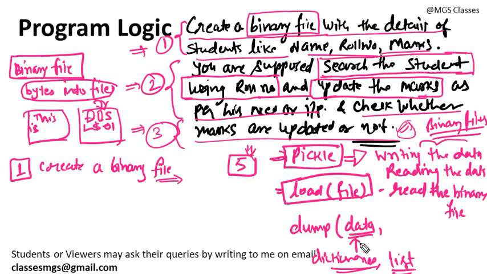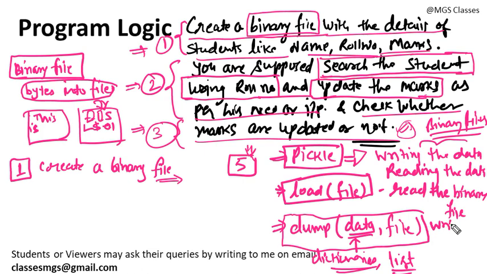Today we are going to directly insert the dictionary into the file with dump, and we will pass the file handler here. The file handler will be the regular file handler we get using the open method. So you need to remember two methods: the pickle module has the load method and the dump method. Using load you can read the content of the binary file, and using dump you can write objects like dictionaries, lists, etc. into the binary file.